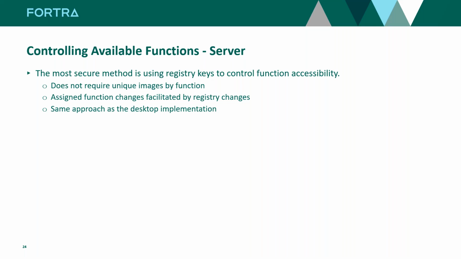Those registry keys will control what the user has access to, even if they were to be able to get ACS on a stick, or if they were able to download it and launch it. Those registry keys are going to be controlling what functions are available no matter where that user launches ACS from.